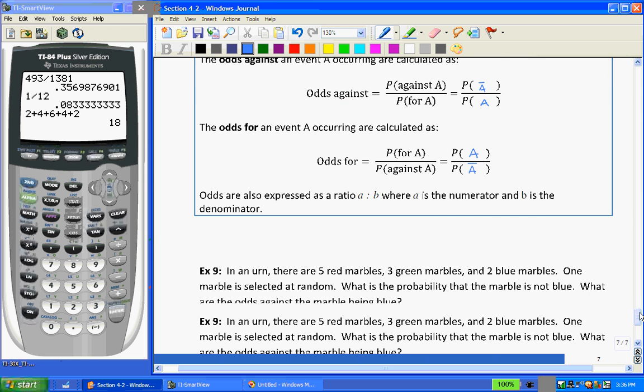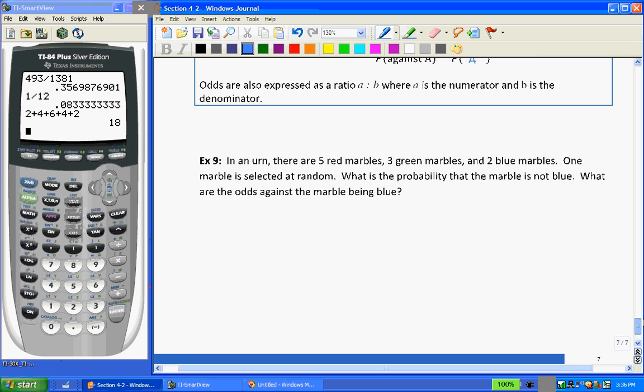Let's take a look at one example as we wrap up. In an urn, there are 5 red marbles, 3 green marbles, and 2 blue marbles. 1 marble is selected at random. What is the probability that the marble is not blue? Okay, so let's stop right there. I'm going to let B be the event the marble is blue.